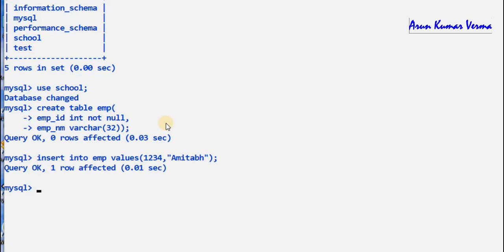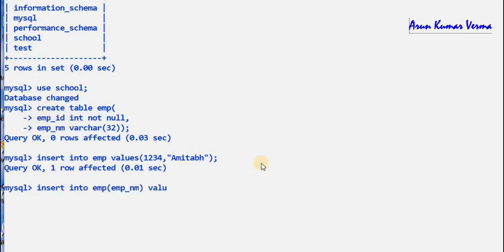If you leave it blank, what will happen? Insert into employee, and the field is employee name. Now I am leaving employee ID blank. I am not inputting a value in employee ID. Then what will happen in this case?